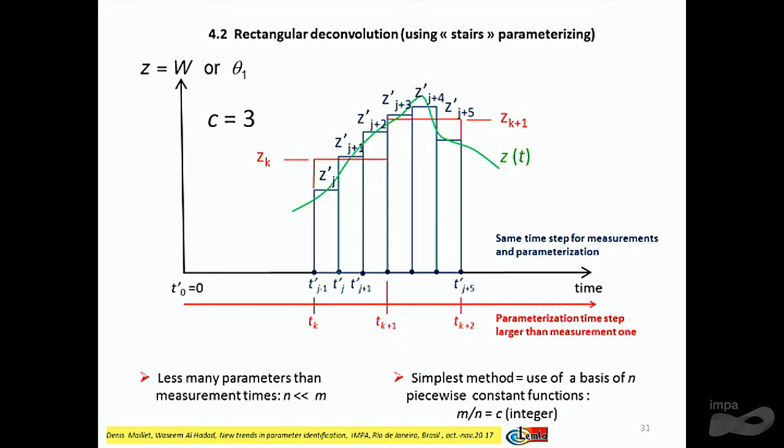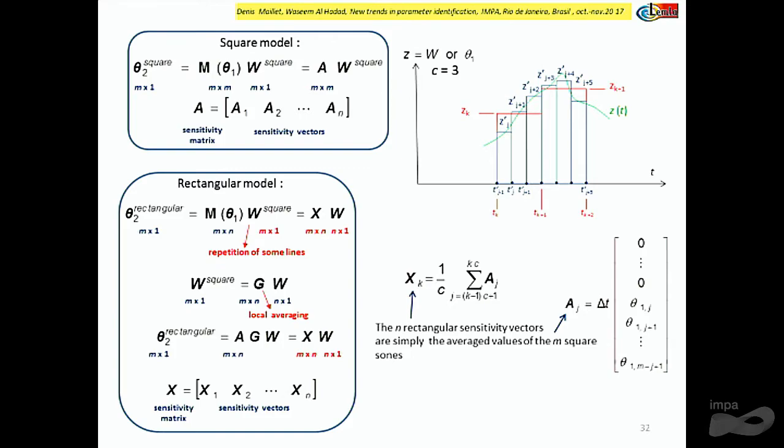So, rectangular deconvolution. The initial grid is this time grid, the grid for both the data and the unknown. We say, well, we'll take a larger time step and parameterize on a wider grid. So n is smaller than m, and of course the ratio we choose is an integer. So we have the square model here with a Toeplitz matrix.